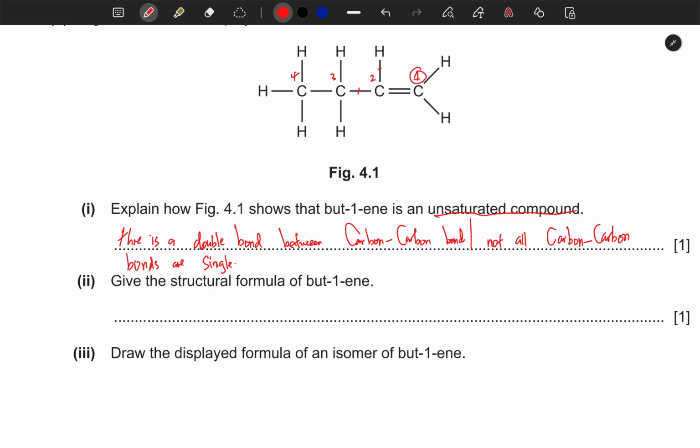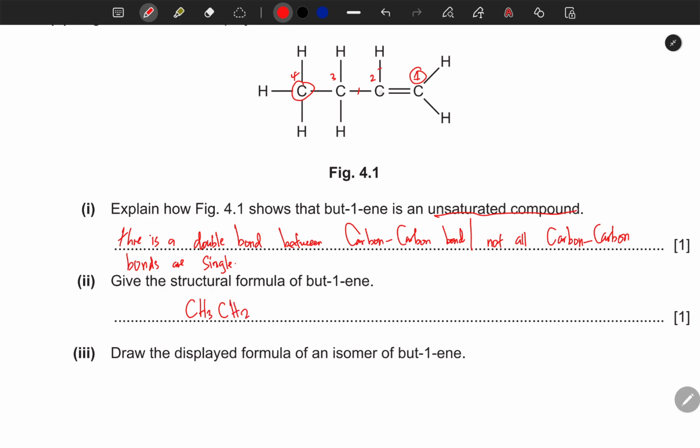Give the structural formula of butene. Structural formula. So there are 4 carbons. The first carbon atom has how many hydrogen atoms? 3. The second carbon atom has how many hydrogen? 2.